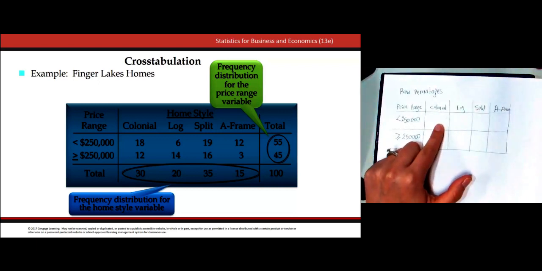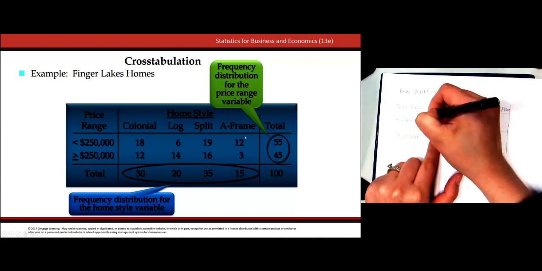So now we look at the row totals. So a total of 55 homes less than $250,000. And now what percentage is colonial? So we only focus on this less than $250,000 row. What percentage is colonial? What percentage log? What percentage split? And what percentage A-frame?